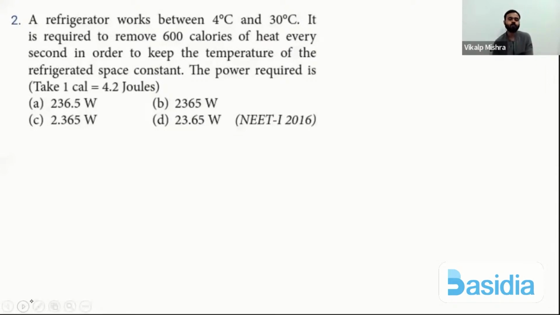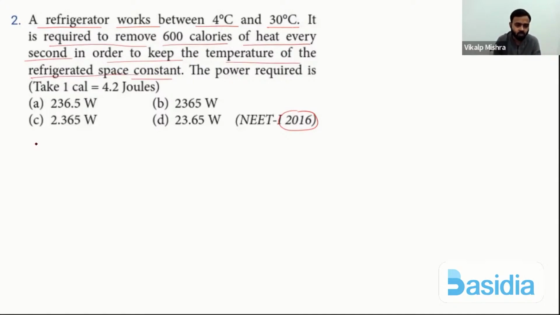Okay, now the next question, asked in 2016. A refrigerator works between 4 degrees Celsius and 30 degrees Celsius. It is required to remove 600 calories of heat every second in order to keep the temperature of the refrigerated space constant.